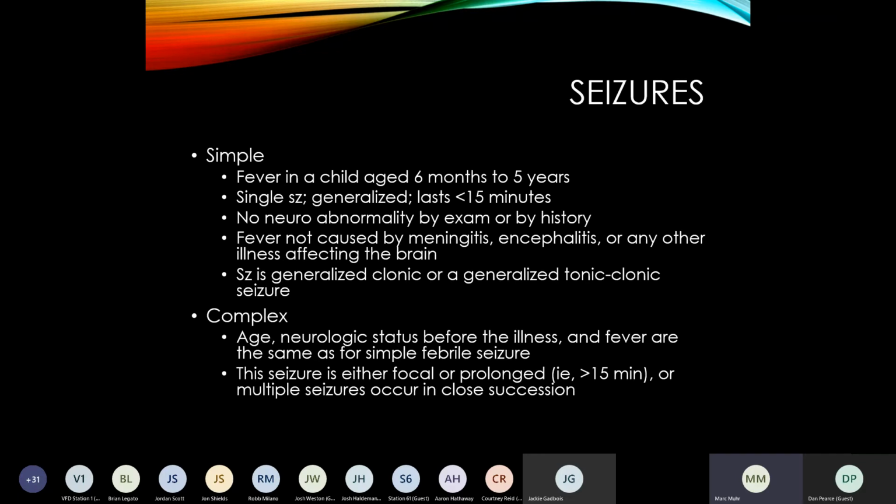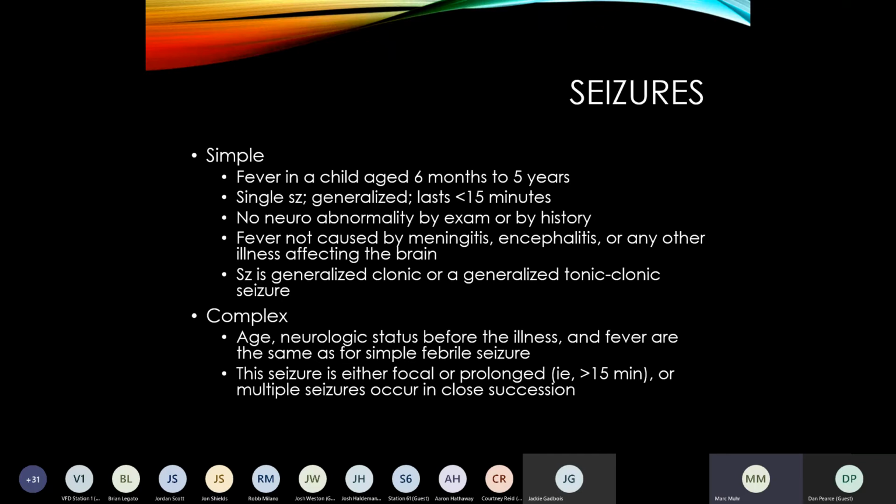Seizures in kids. Simple seizures in younger kids, an infectious situation or fever in a child age 6 months to 5 years. These are simple seizures, usually a single seizure, generalized, lasting less than 15 minutes, no abnormalities by exam or history.